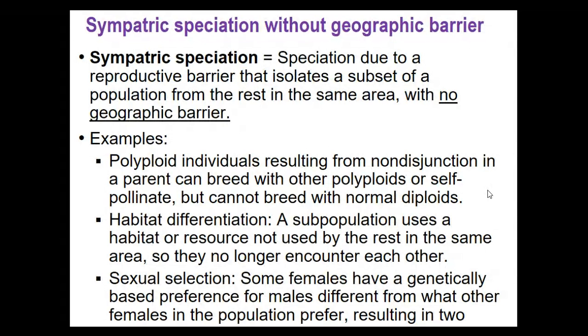So this daughter cell would get one number 1 chromosome and one number 2 chromosome. This would get the other number 1 chromosome and the other number 2 chromosome. And then they divide again. Now the sister chromatids. Remember, each of these chromosomes is still duplicated. Now these sister chromatids separate and go into the daughter cells.